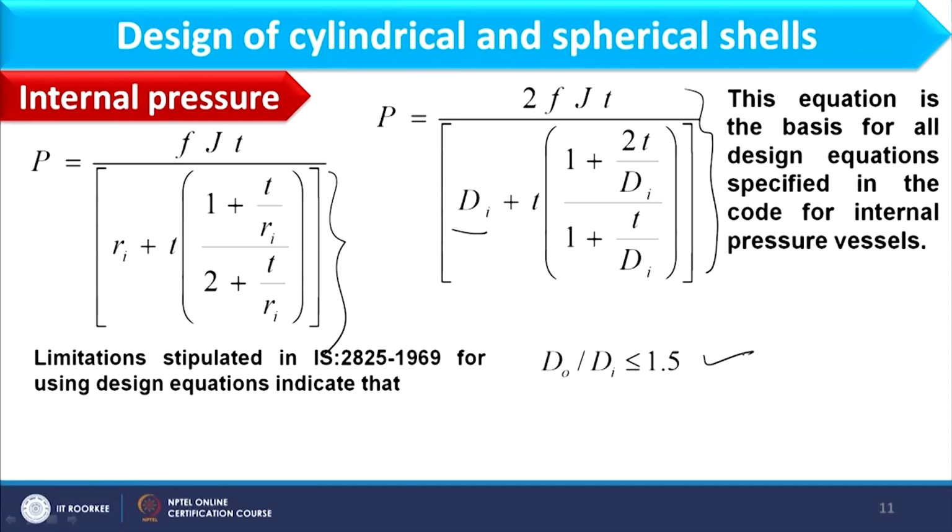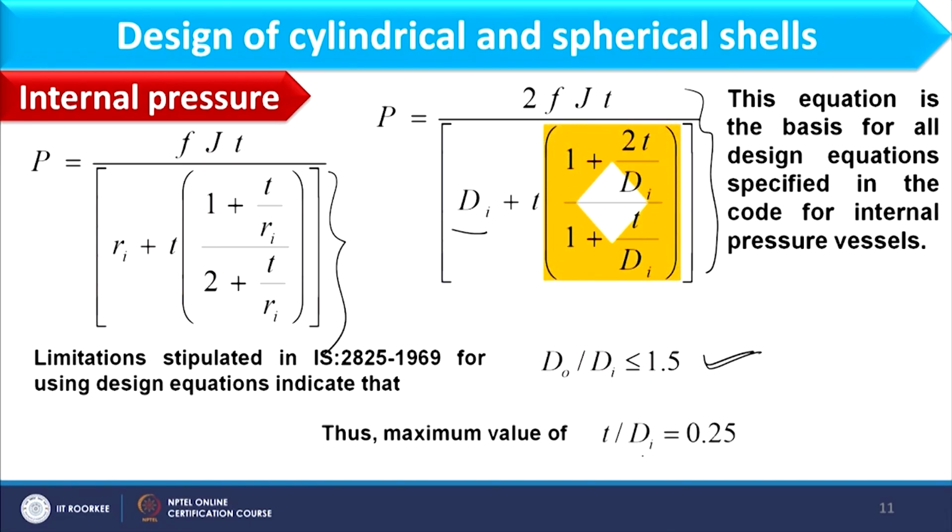Here we will apply the limitation of IS 2825, and if you remember, there is the limitation that do by di should be less than or equal to 1.5. After resolving this, we can have the expression t by di equal to 0.25.